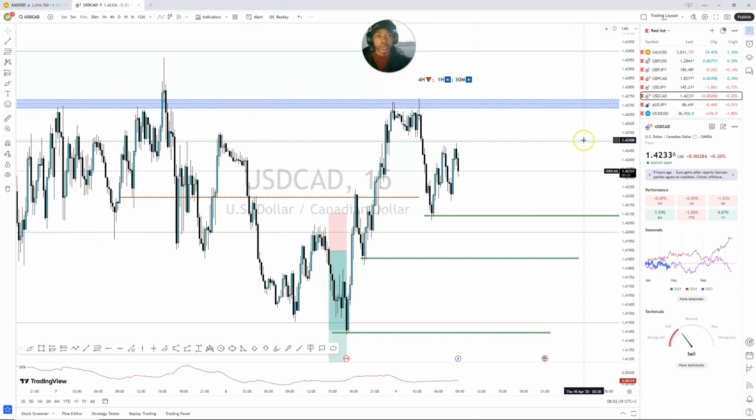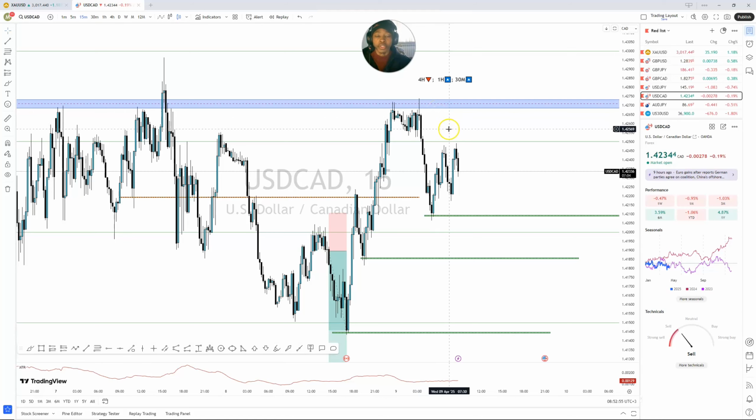We have no end because we are having longs in the 4 hour, in the 1 hour and 30 minutes, but we are having short in the 4 hour.